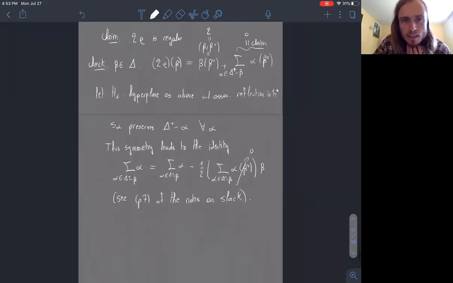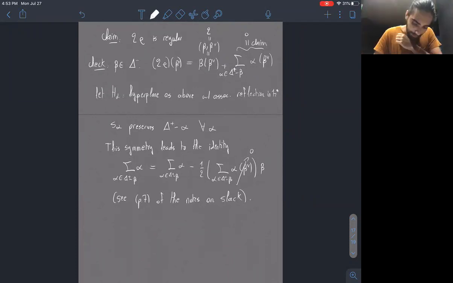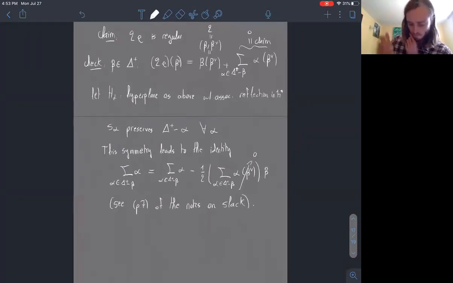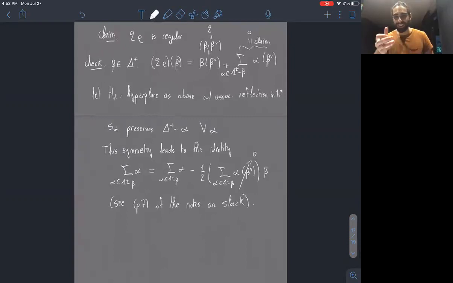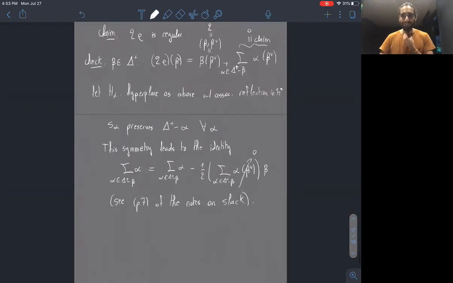Sorry, quick question. When you say check for a beta in delta, should that be a delta plus? Oh yes, my bad. Start with a positive root, or a simple root, really. Thanks. I mean, otherwise taking away the beta from delta plus wouldn't do anything. Good.